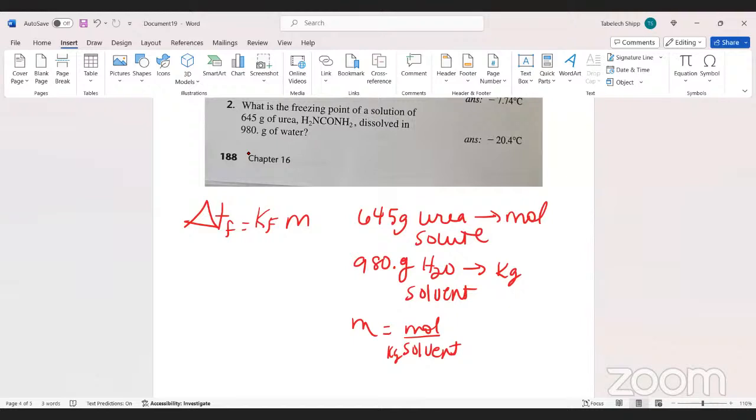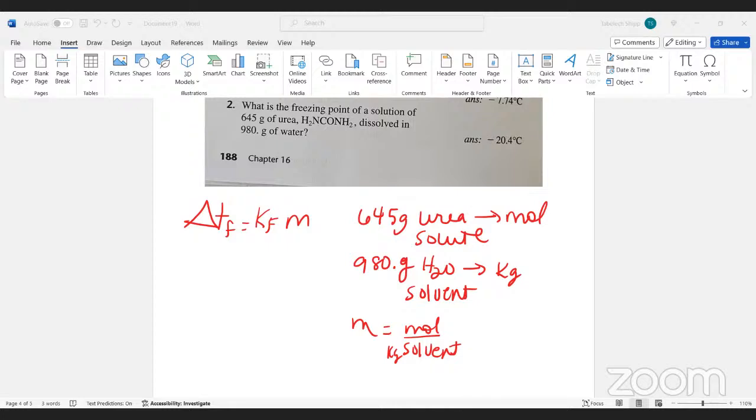So what we got to do first is calculate the molar mass for the urea. That's the first thing we need to do. And to save on time, we're going to make this a Googleable thing. So the molar mass for urea is 60.06 grams.